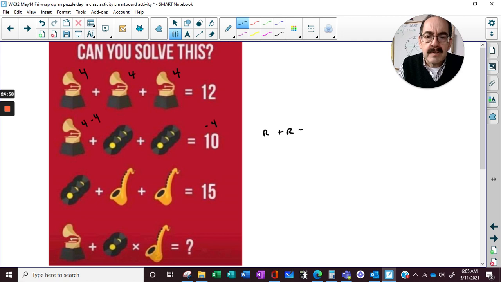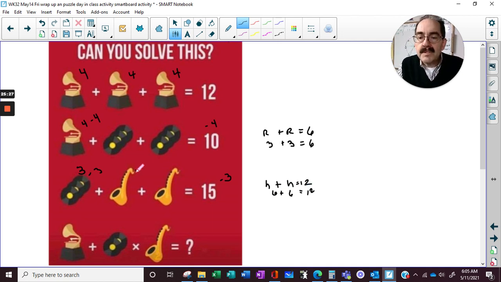Records plus records equals 6. So we're going to assume 3 plus 3 equals 6. So now we got a 3. We bring that across, minus 3, and then we call that a saxophone? Horn? Horn. My H's look better than my S's. H equals 12. So we got 6 plus 6 equals 12.